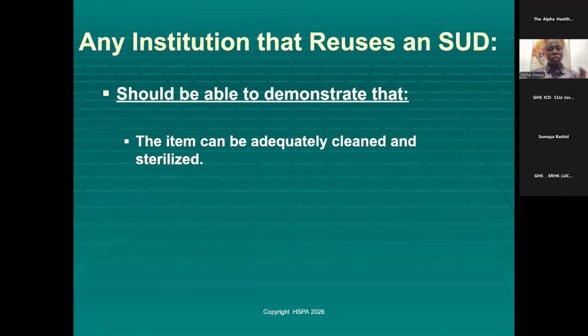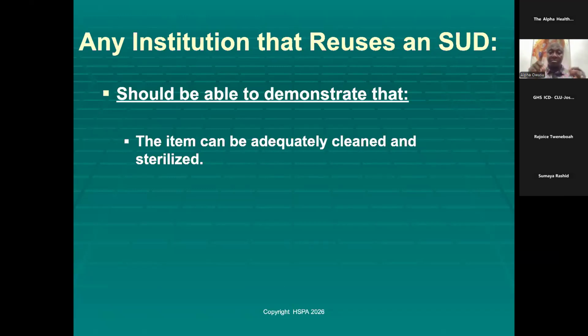Again, what should be demonstrated for any institution that reuses a single-use item, this is what you have to do. You have to make sure you clean it appropriately, but you cannot simply clean it, because you have to go by the manufacturer's instruction. And should we want to do that because of constraints, because of financial issues, stakeholders will have to sit down, right?